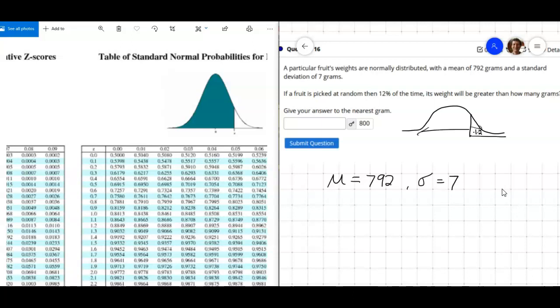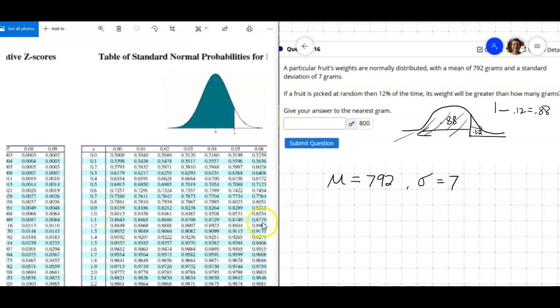But that implies that the rest of the time, 1 minus 0.12 is 0.88. 0.88 is the probability left. That's what we need. So we're going to look up 0.88 in the table.